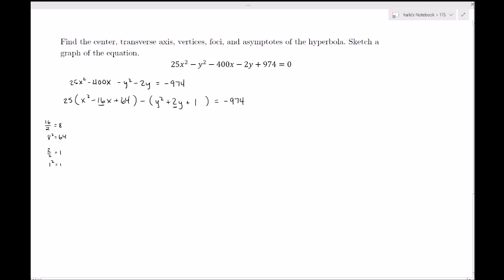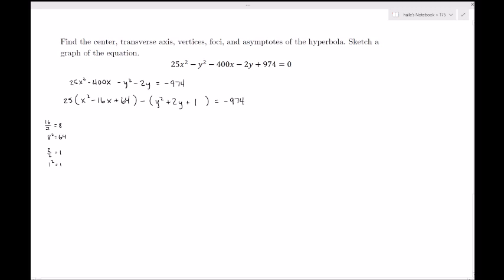Now we need to figure out what we need to add to the right side. Because we have a 25 sitting outside of the x terms, even though we added a 64 inside the parentheses, we're actually adding 25 times 64.